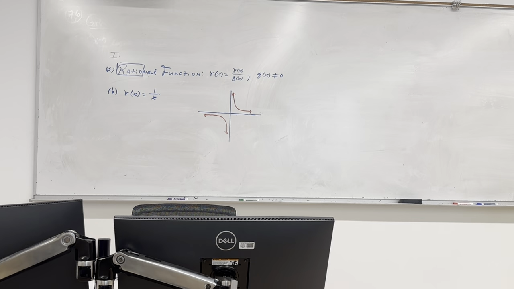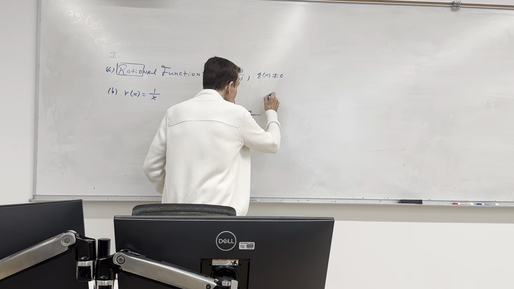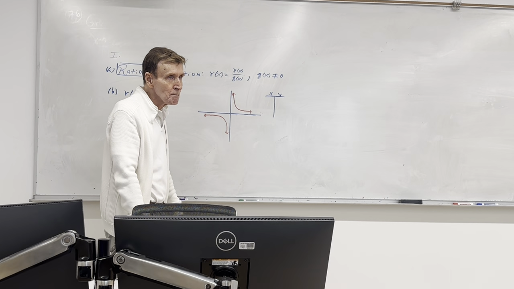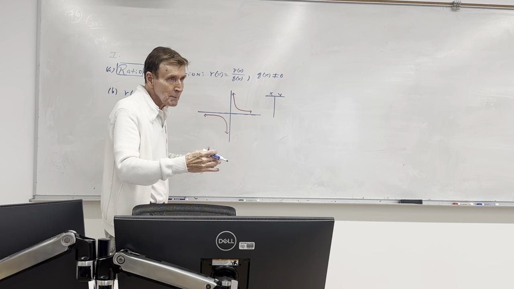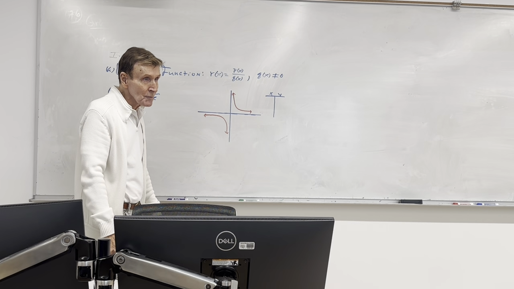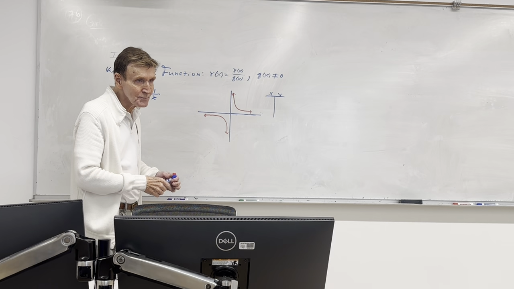Plug in x values. Plot points. I know every student in this classroom has done this somewhere. Is that true? Form a table, put in numbers, then plot the points from the table and connect them, and you'll get this for 1 over x.